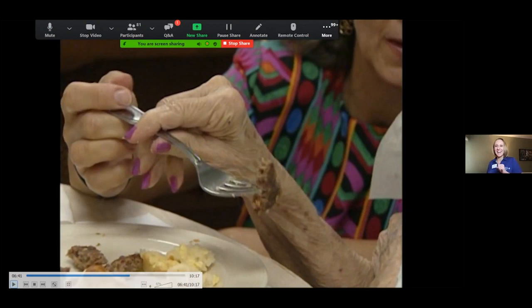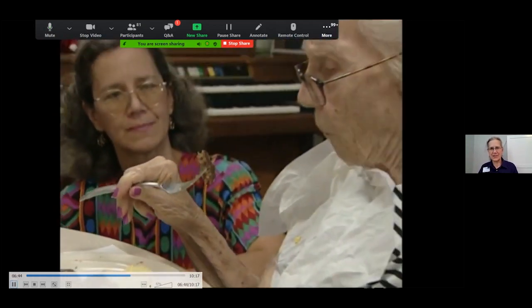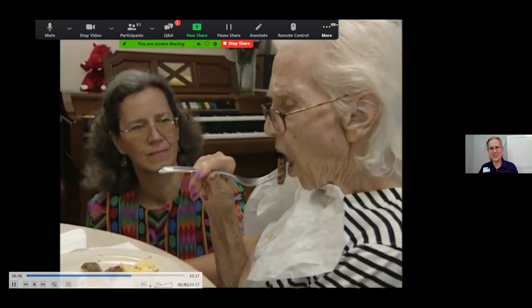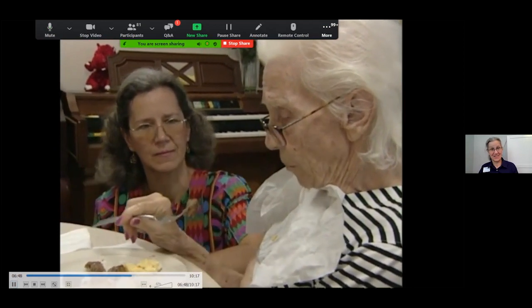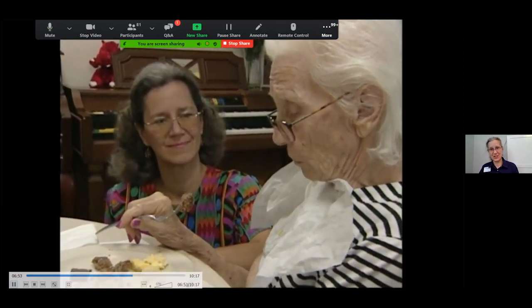Yeah, but it's actually problems with depth perception. She's trying to find the fork. She's trying to figure out where that fork is. And then she gets it. And she's chewing.